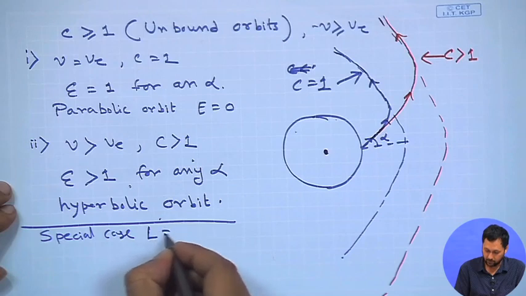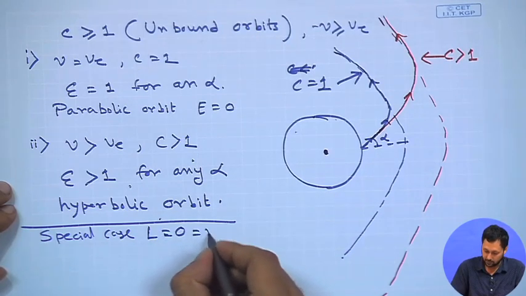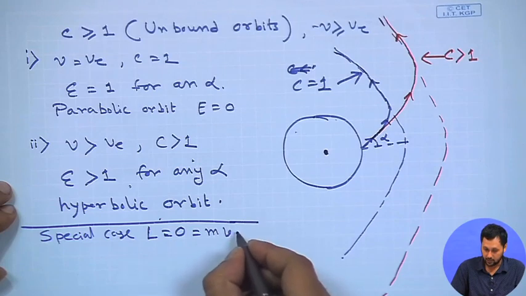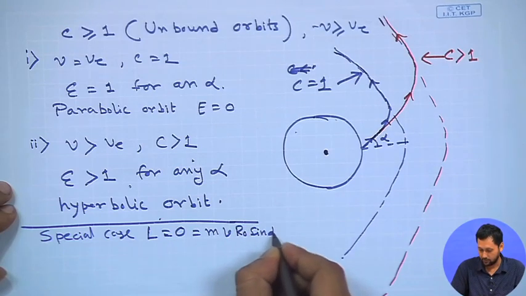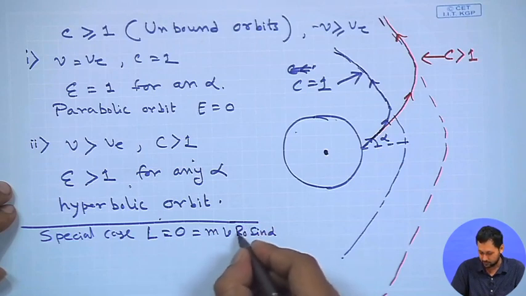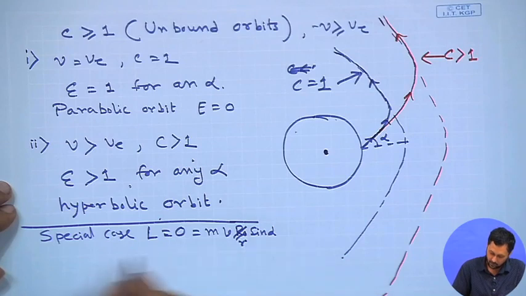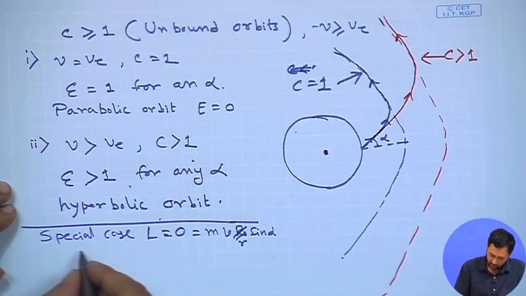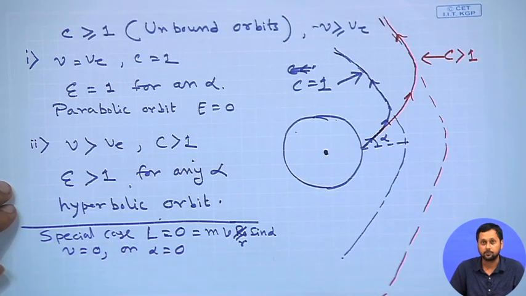Now we also have a special case when L is equal to 0. Now, L, which is given by m v r 0 sin alpha, or we can replace r 0 with some arbitrary distance r. This can happen if v is equal to 0 or alpha is equal to 0, or both.